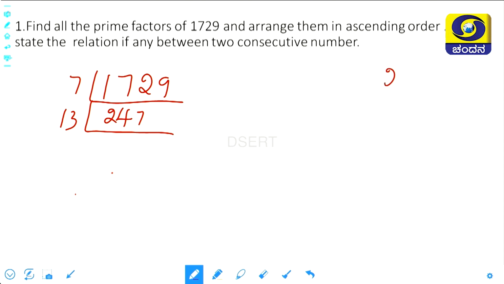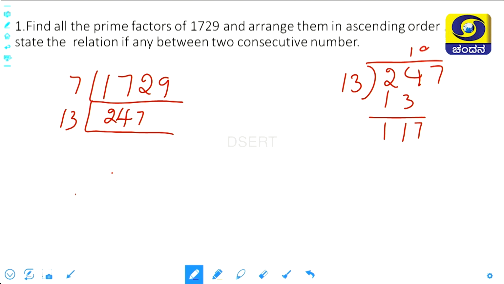See, 247, 13 2s are 26. So, let me take 13 1s are 13, 4 minus 3, 1, 2 minus 1, 1, 7 take down. So, 13 9s are 117. So, write here 19. 19 1s are 19.